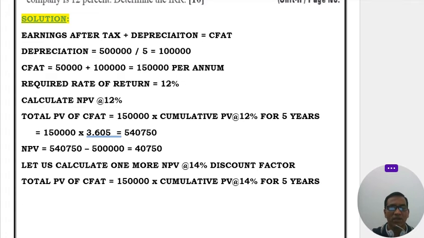So that is equal to 150,000 multiplied with, so I will go to the annuity cumulative table. At 14%, direct fifth year value I am taking, that is 3.433. That is 150,000 multiplied with 3.433, that is equal to 514,950.